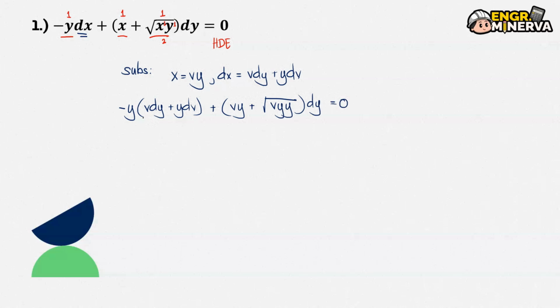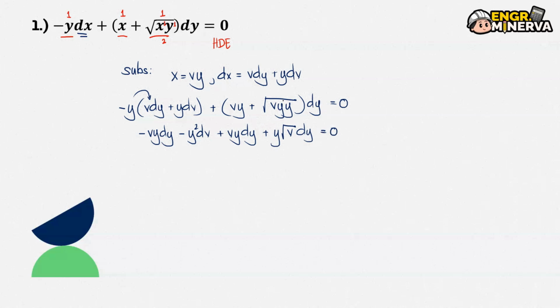Let us simplify and distribute. This term would be negative vy dy minus y squared dv plus vy dy, plus, I could actually factor out y squared, so the square root of y squared here is y, square root of v dy equals 0.